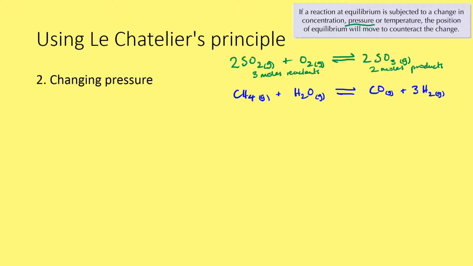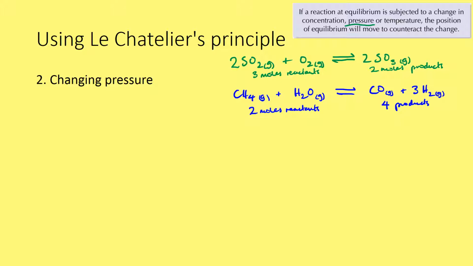Whereas for the blue reaction, the methane and water reaction, we have 2 moles of reactants and we have 4 moles of products. Hopefully you can see that.